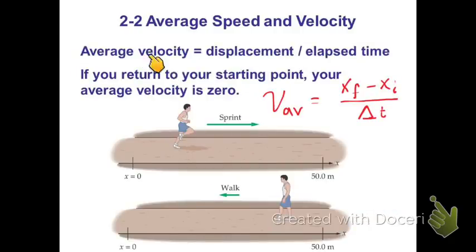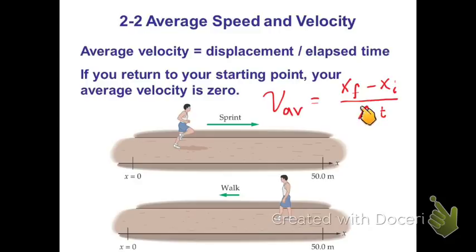Now let's define what the average velocity is. It's defined as the displacement divided by the total time it takes to make this displacement. Since displacement is the difference between the final position and the initial position, you can define mathematically the average velocity as x final minus x initial divided by delta t.